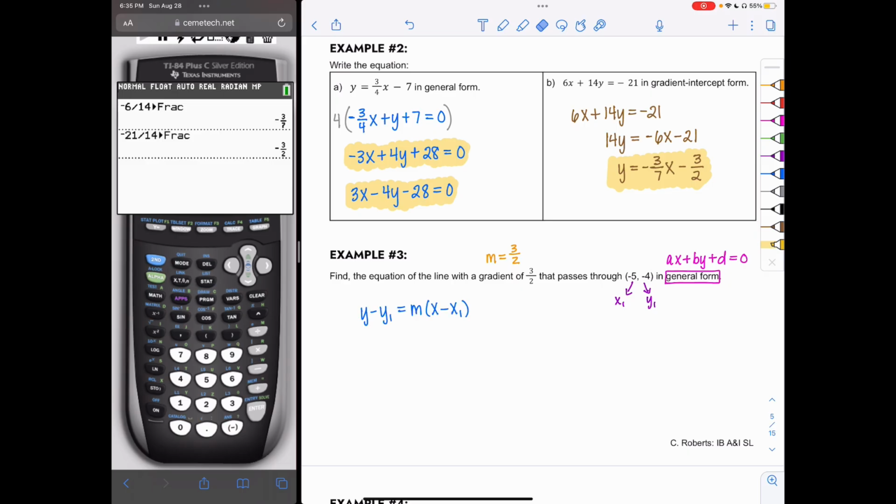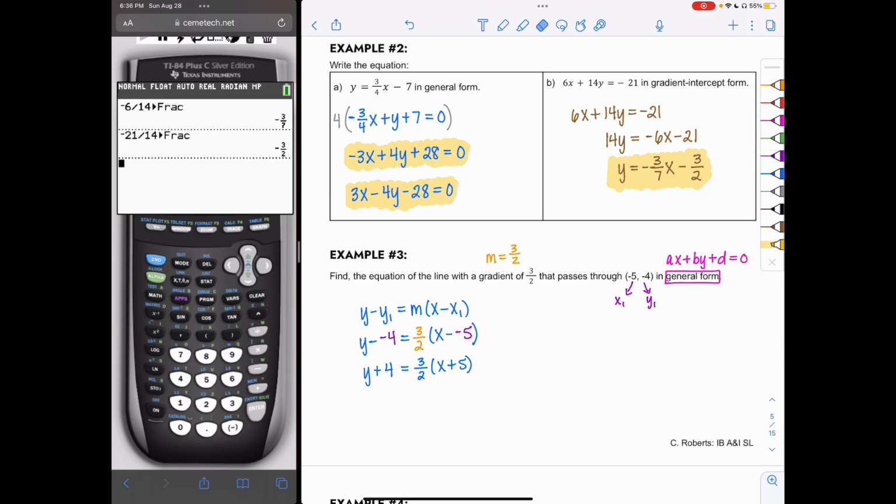So now that I have that, I'm going to substitute those values into the point gradient form here. So I'm going to have y minus -4 is equal to 3/2 times x minus -5. So then I'm going to simplify. So I know that y subtract -4 is the same thing as having y plus 4. And that is going to be equal to 3 over 2 times x. And if I have x minus -5, that's going to be a plus 5.